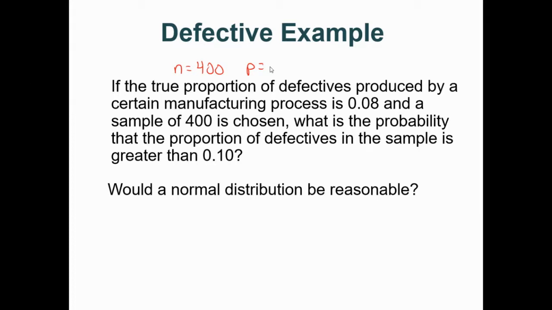There's not an assigned letter. Okay, where did my pen go? Oh, there it is. Okay, so now I have to do n times p. So np is 400 times 0.08.